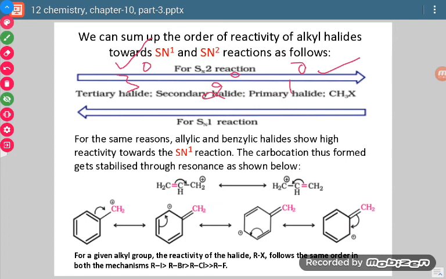Now if we talk about allylic or benzylic halides, see, this is an allylic halide. In case of allylic and benzylic, they will also undergo SN1 mechanism.